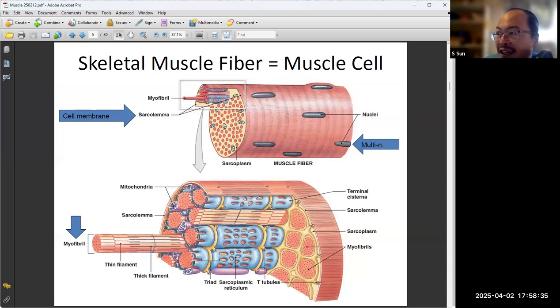One is called thick filaments, located in the middle of that segment. We also have thin filaments located in the two ends of these segments. You can see that these repeat: the thick filaments, this is the middle line, thin filaments, and this will repeat over and over again.